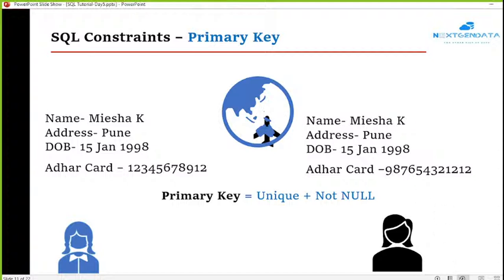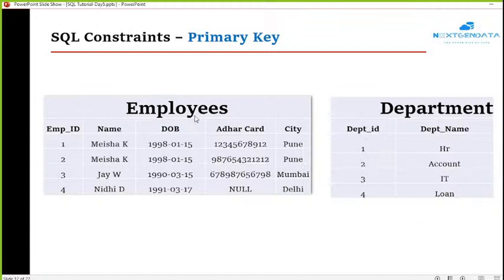So for example, we have an employee table and a department table. Now consider there are employees Maisha K, JW and Nidhi D. You can see this employee Maisha K has the same date of birth and city in two records.